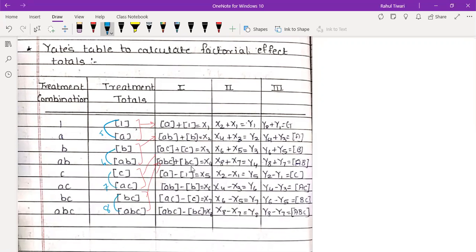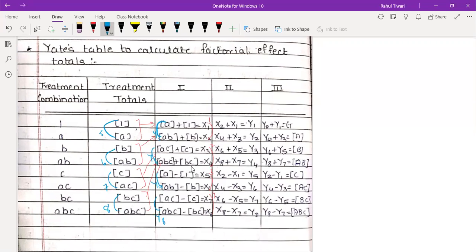Can you see? Then the same operation you did here, do the same operation here, and we get the second column. To get y1, we again add the first 2, we get the first one, next 2 the second one, next 2 the third one, next 2 the fourth one. So this is your y4. Similarly to get y5, we subtract this one, we get the fifth one, y5, y6, y7, y8.